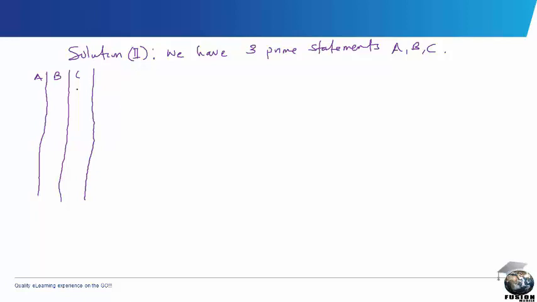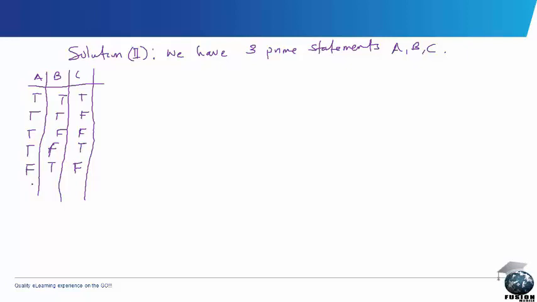Alright, and remember what happens to the outcomes through true and true. Okay, it could be true, true, and false. It could as well be true, false, and false. Alright, and then it could be true, false, and true. Alright, it could be false, true, and false.